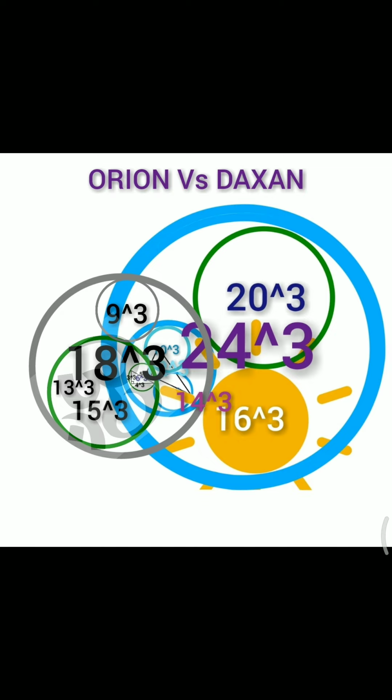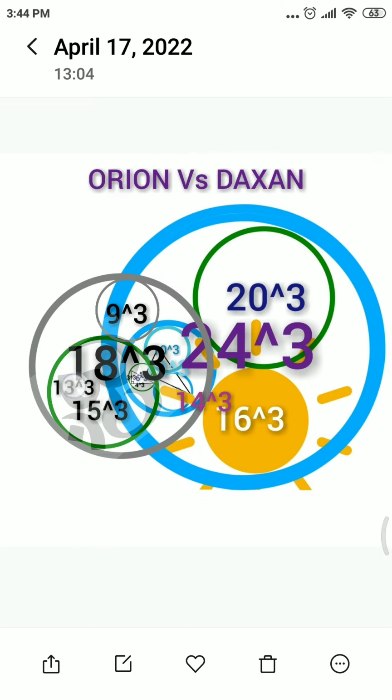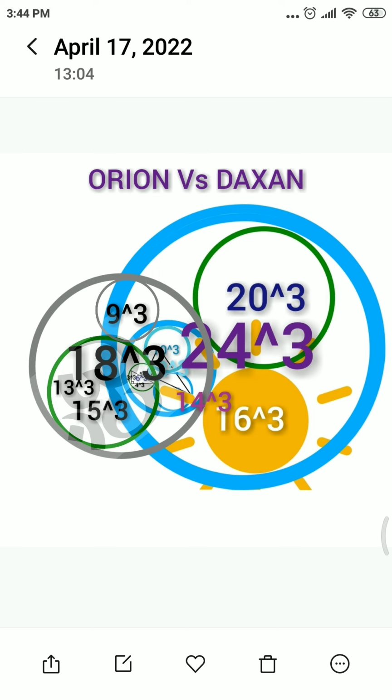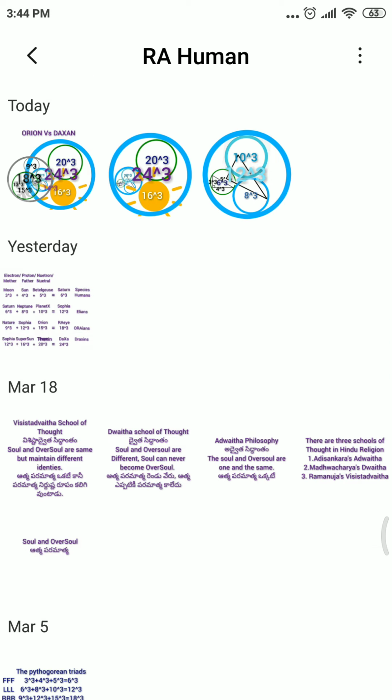Because clearly the people living in this realm, created by 15 cube and 13 cube, O and M, were children of 12 cube and 9 cube. Why?